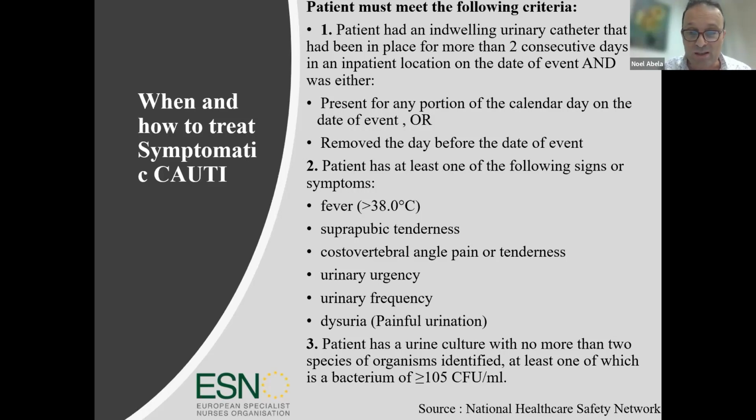Because if there are 3 or 4 organisms, it would be very difficult even for the lab to identify which bacteria is causing the UTI. And at least one of which is a bacterium of 10^5 colony-forming units per mL. And this is from the National Healthcare Safety Network.